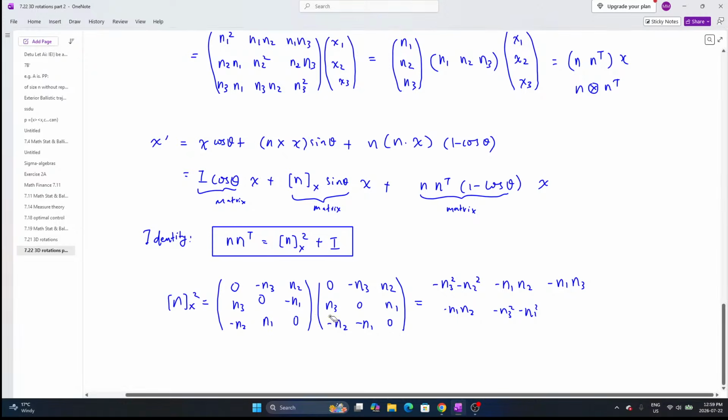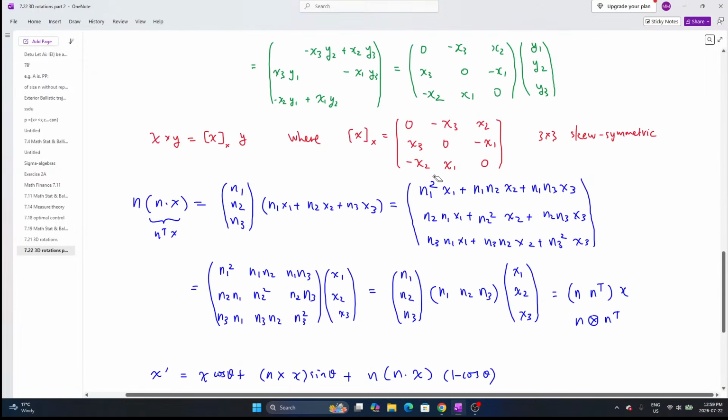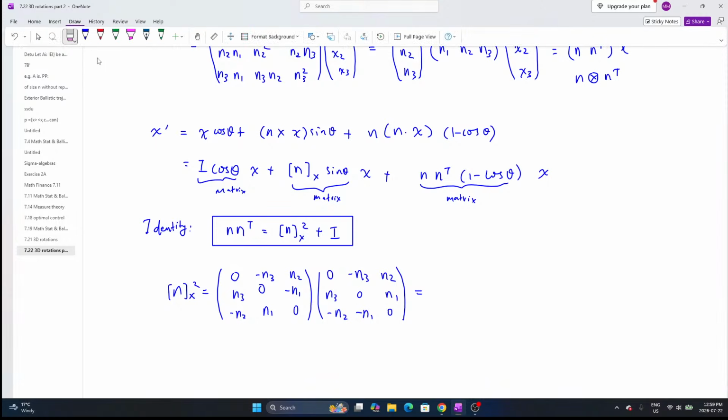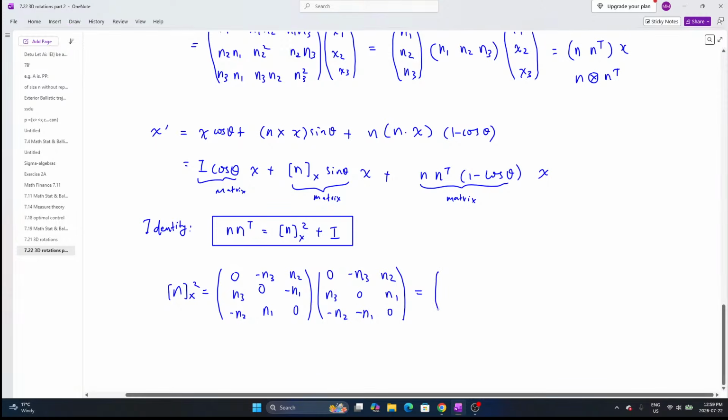Just double check, this is a cross product matrix: two minus signs in the upper triangle region, and one minus sign in the lower triangle region. I might need to redo everything. Sorry about that, I haven't done it by hand for a long time.